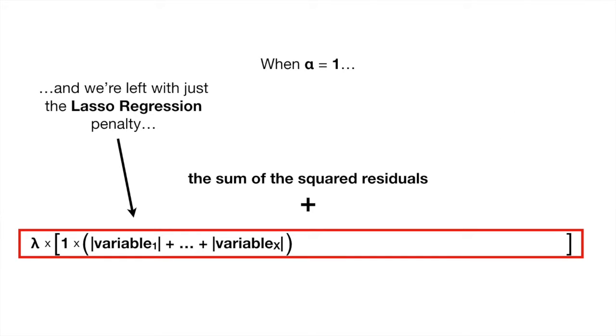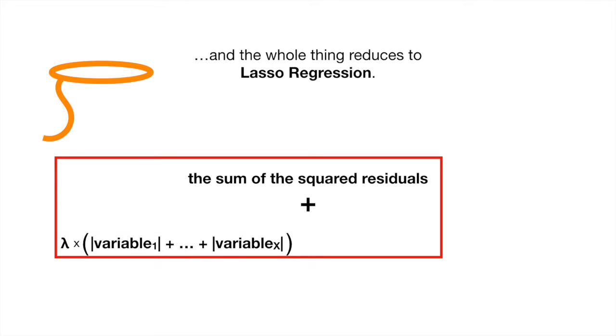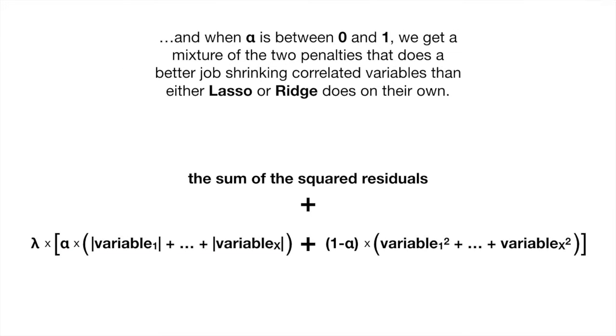And we're left with just the lasso regression penalty. And the whole thing reduces to lasso regression. Yeehaw! And when alpha is between 0 and 1, we get a mixture of the two penalties that does a better job shrinking correlated variables than either lasso or ridge does on their own.